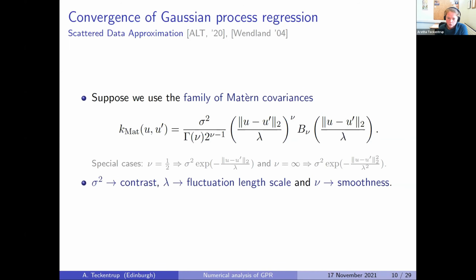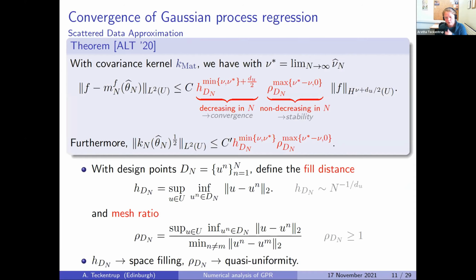Okay. So I'm not going to have too much time to talk through all of this. So I know it probably looks horrible and it has a lot of technical details, but this is just to show you the types of results that you can get and that tell you something about what happens as n tends to infinity, right? So in this case, we now have our true function f, and here we have the mean of the posterior with the estimated hyperparameters.